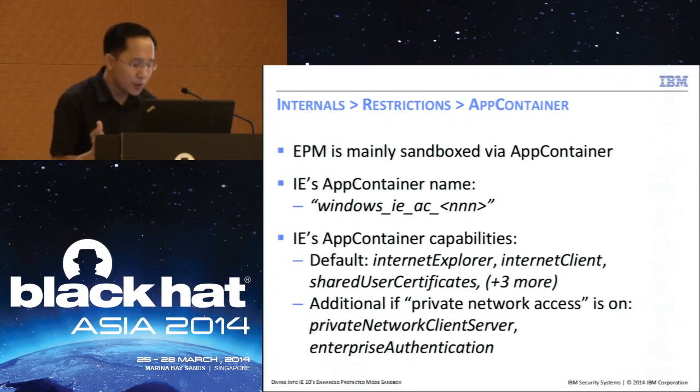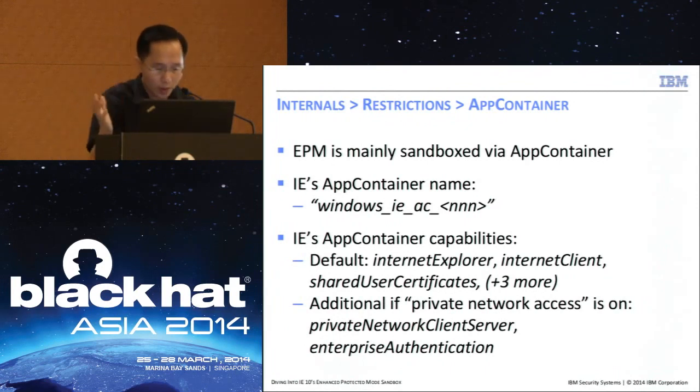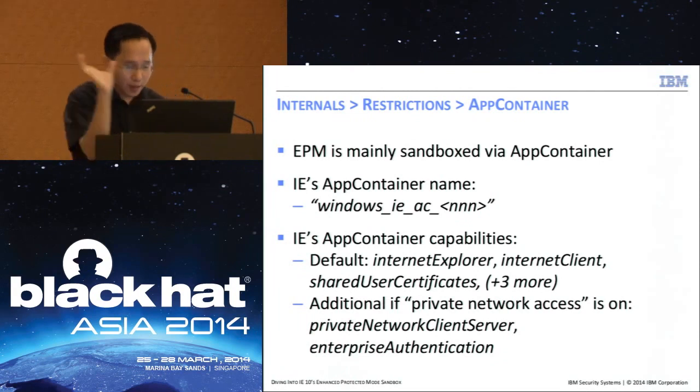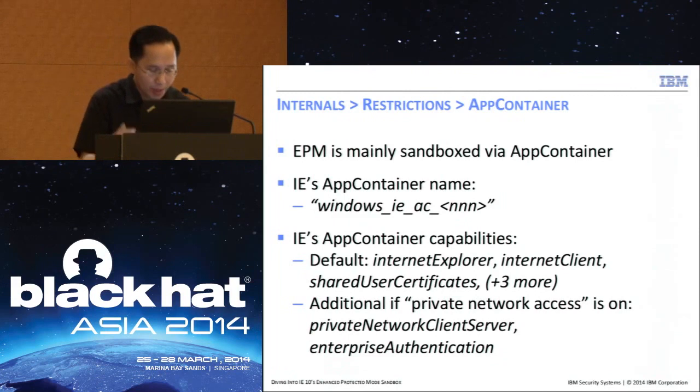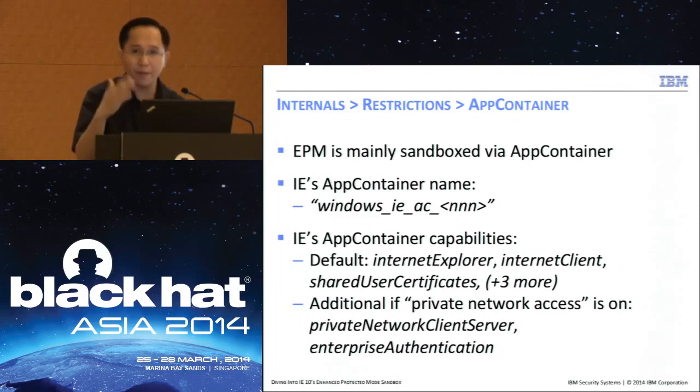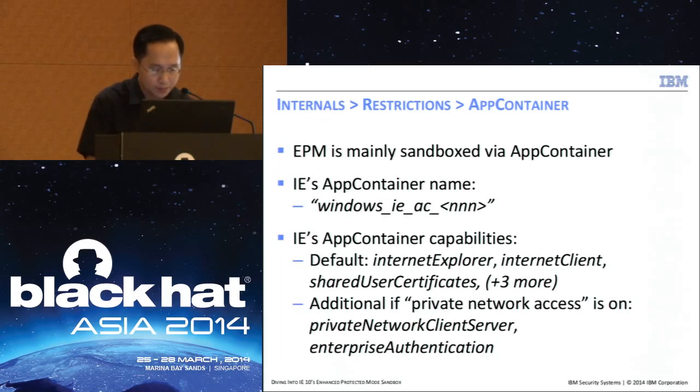You can think of app containers as boxes in which processes run, which limit what they can access or what they can do. App containers are given a set of capabilities, so processes running in them can access specific resources or perform certain capabilities.